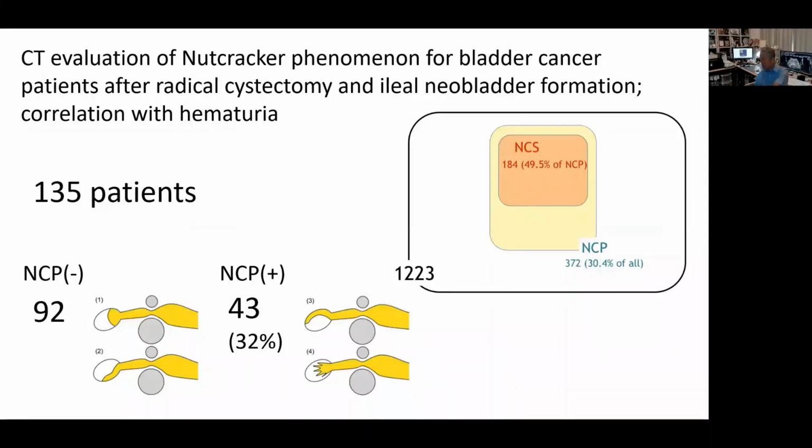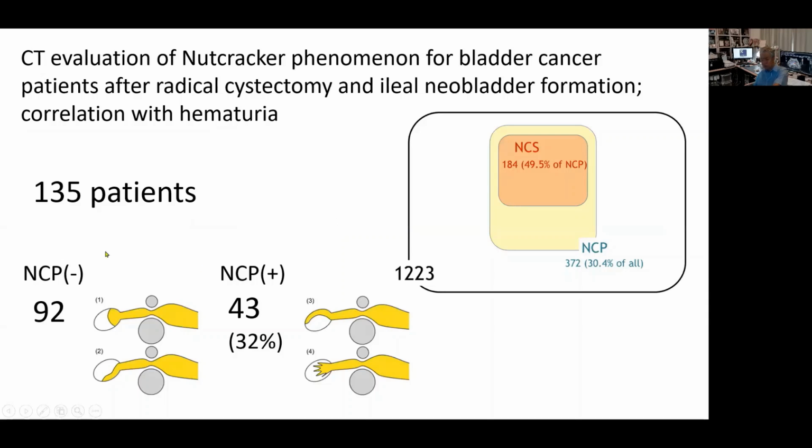We performed the study in 135 patients after radical cystectomy and ileal neobladder formation. CT findings were evaluated and correlated with the frequency of hematuria in urinalysis.